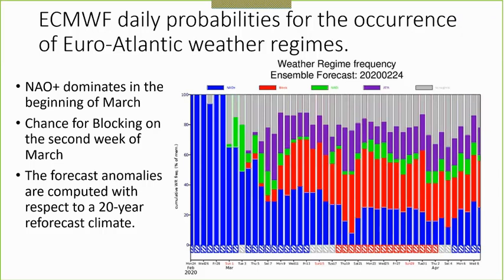This is ECMWF's daily probabilities for the occurrence of Euro-Atlantic weather regimes. So we have all the ensemble members here located in different regimes.